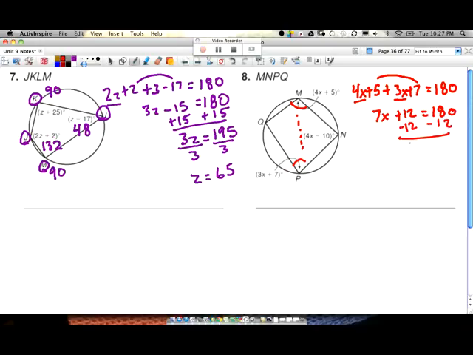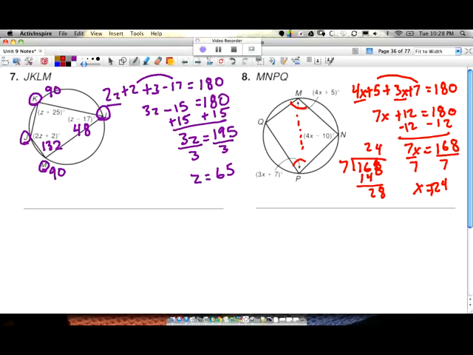If I subtract 12 from each side, I get 7x equals 168. Well, how many times does 7 go into 168? I bet it's a lot. Let's do some long division here. 7 goes into 168 twice. Gives me, or 16 I should say, and then into 28 4 times. So 24 times. X equals 24.